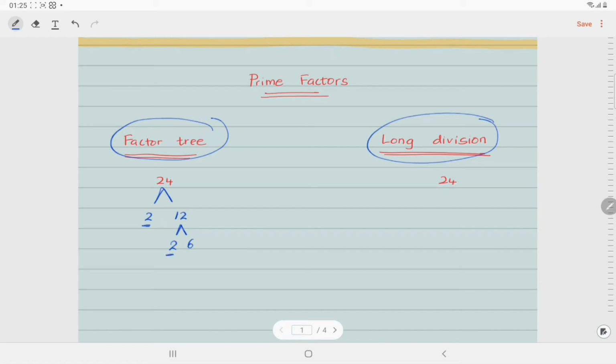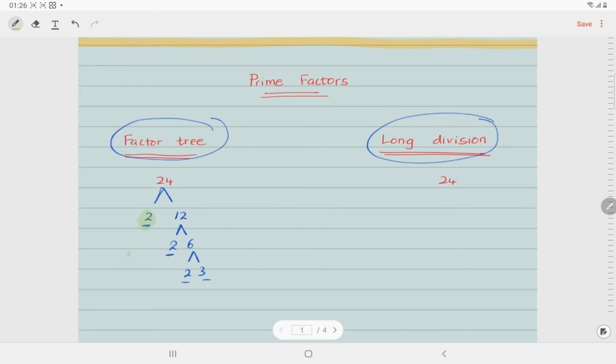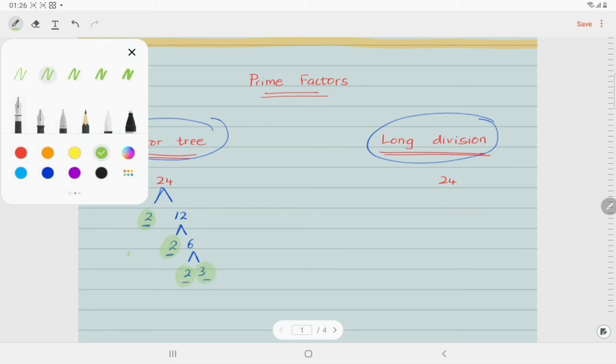I cannot divide 2 further and I'm moving to the next part. 2 times 3. Now you can see that I cannot divide any of these numbers further and all of these are prime numbers, so I can identify 2, 2, 2 and 3 as the prime factors for 24.